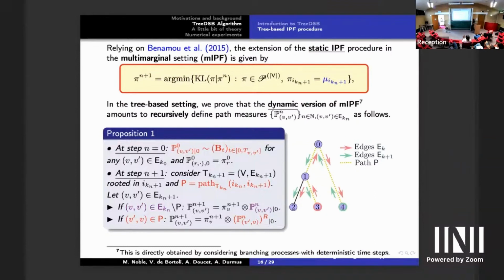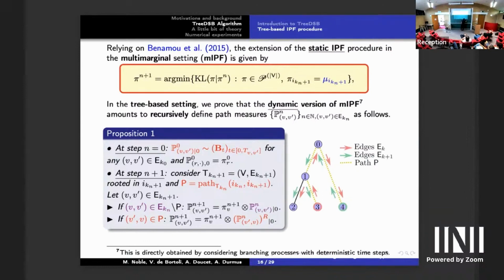So if I consider another drawing, for example, I propagate my Brownian motion for the really first iteration. And what I do afterwards is, okay, this is at time 1. How can I compute the path measures from this iteration? I'm simply going to operate the time reversal of this thing.